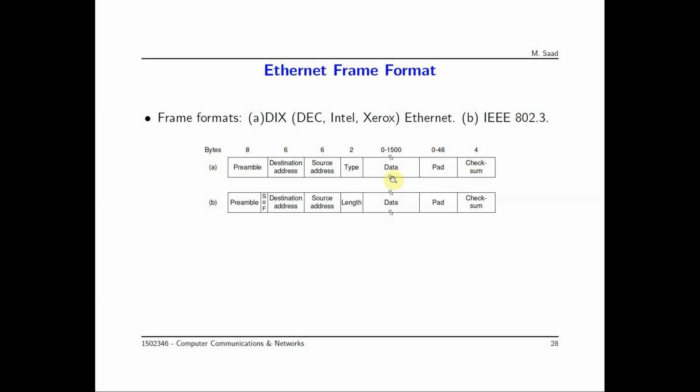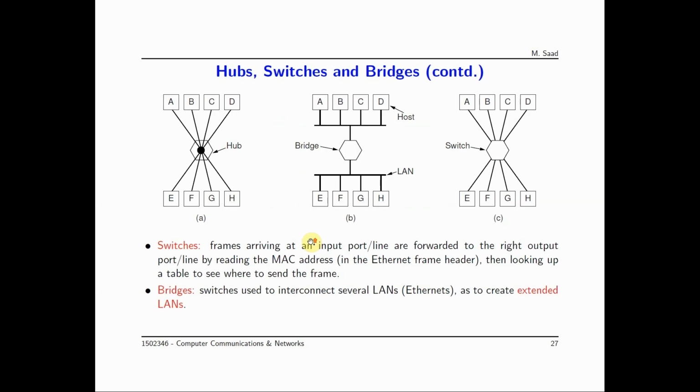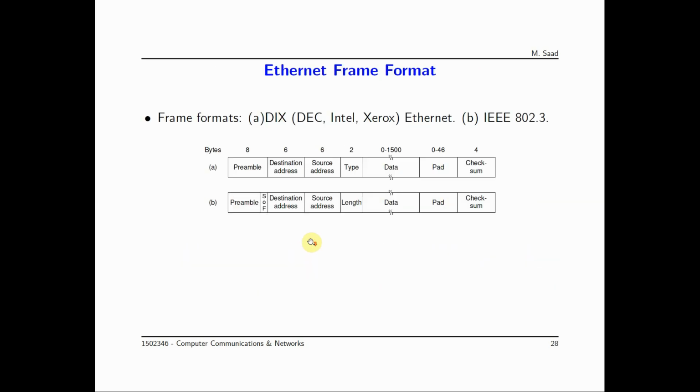Now, what happens if the frame is too short because we don't have enough data? Simply, we add pads, some dummy bits that don't mean anything. They're not part of the data, just there to make sure that the frame is long enough. As you noticed, the minimum length for any frame such that collision detection can operate successfully is 64 bytes.